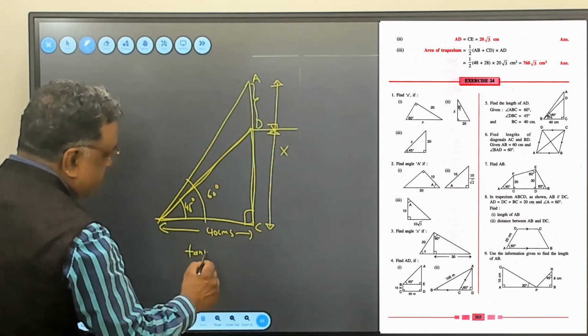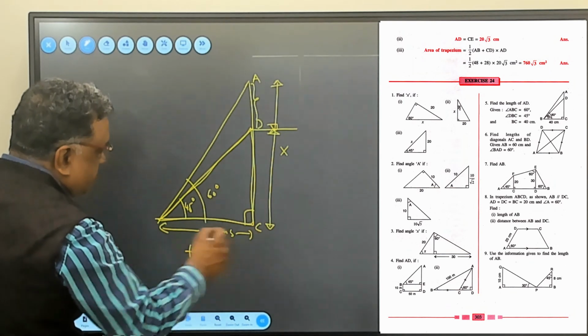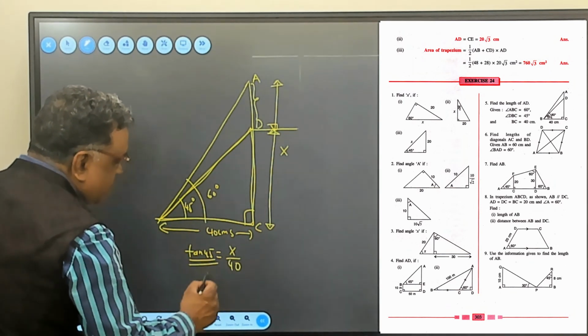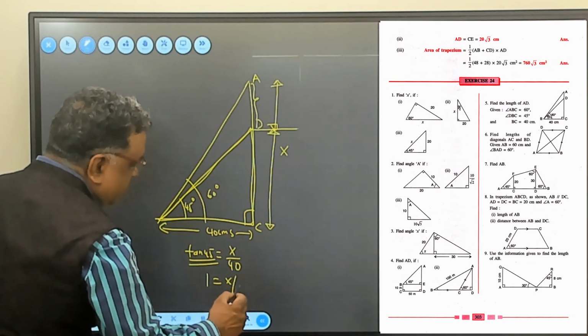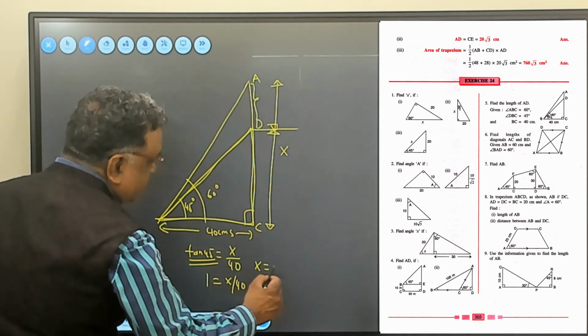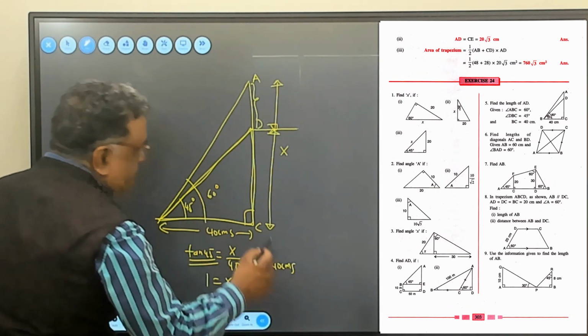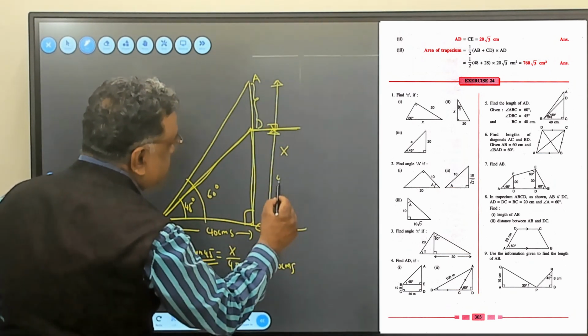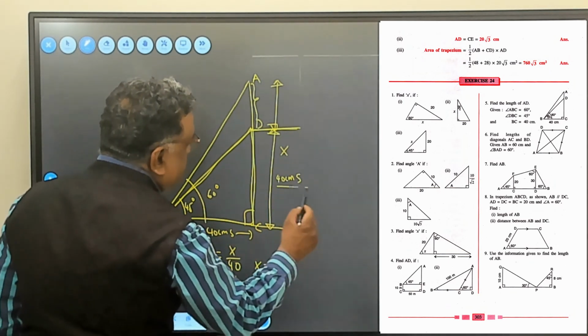Tan 45 is opposite upon adjacent, X upon 40. But tan 45 is how much? 1, right? So X upon 40. So X became 40 centimeters. तो मेरे को ये वाला लेंथ मिल गया, यहां से लेके यहां तक मेरे को 40 सेंटीमीटर्स मिल गया. Okay.